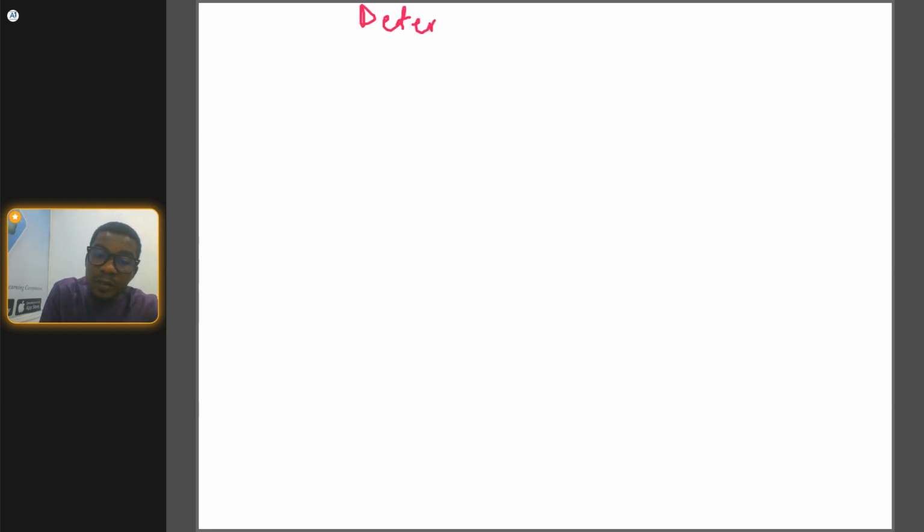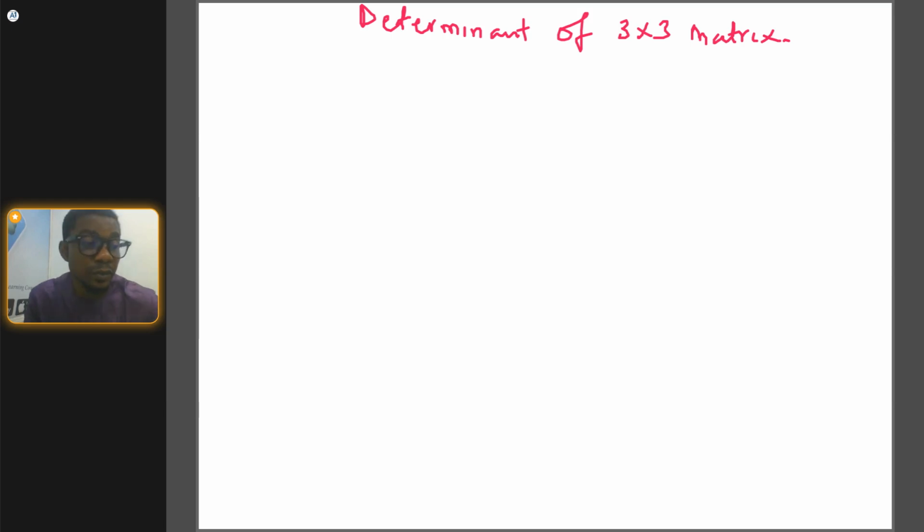Determinant of 3 by 3 matrix is what we are still working on. So we want to take more questions on that. Let's say we are given the matrix.